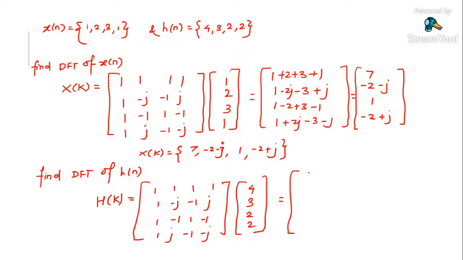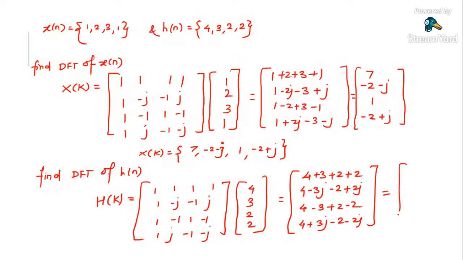Let's find the answer: 4+3+2+2, then 4-3j-2+2j, then 4-3+2-2, and then 4+3j-2-2j. So the answer is 11, 2-j, 1, 2+j.